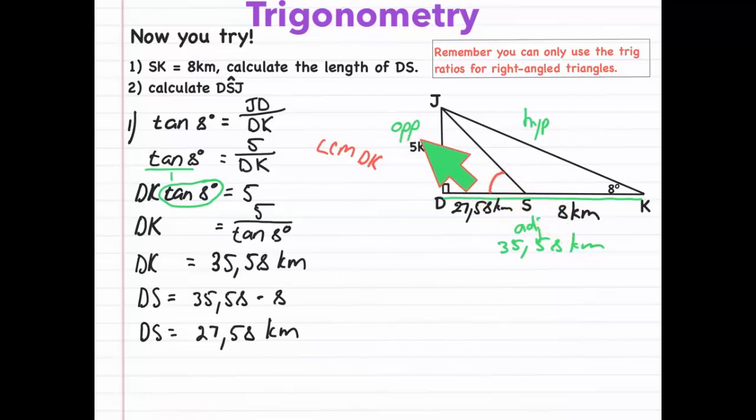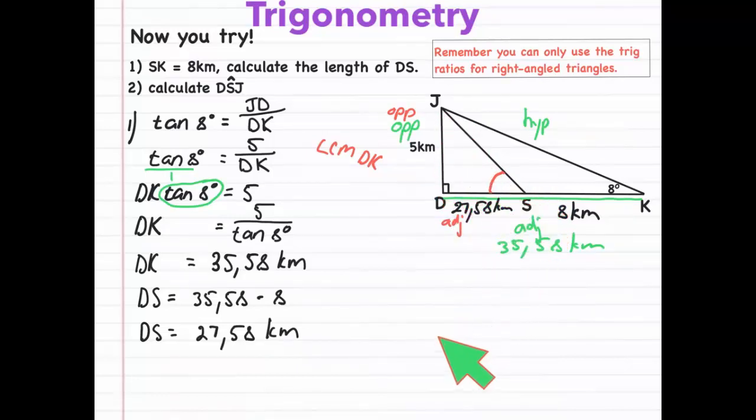So this will be my opposite, and I'll write that in red as well. So the opposite. And this will be my adjacent, and I'll write that in red. So we are referring to the 5 kilometers and the 27,58, right?